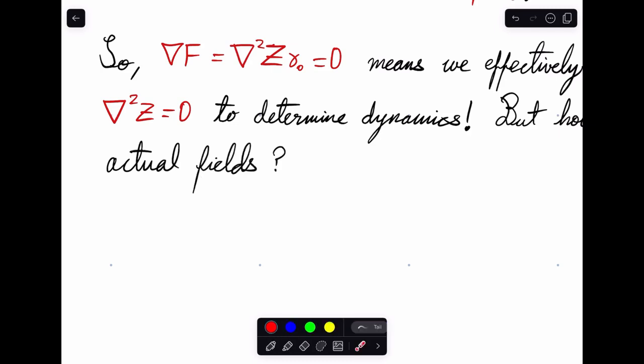That is, how can we relate this Z to equations so that we solve for this and then we plug in the values for this into those equations, or to solve for the electric and magnetic fields? Well, it's actually pretty simple.